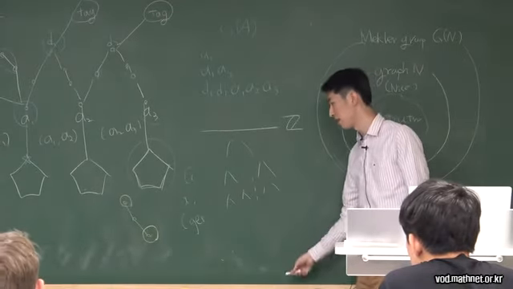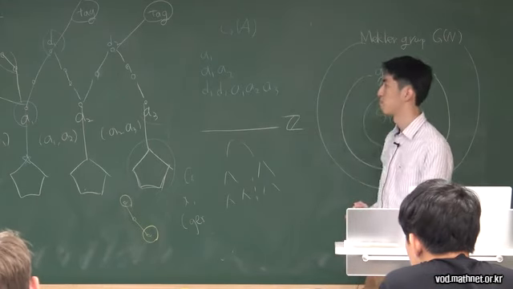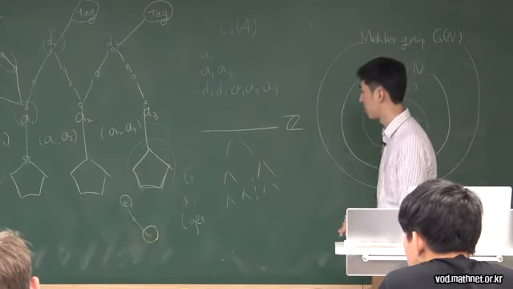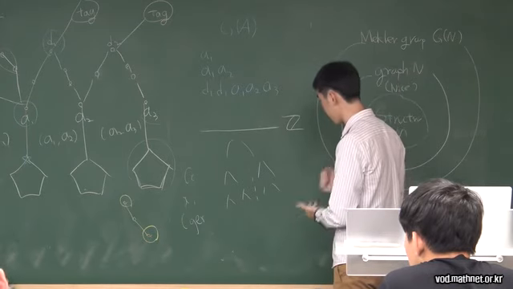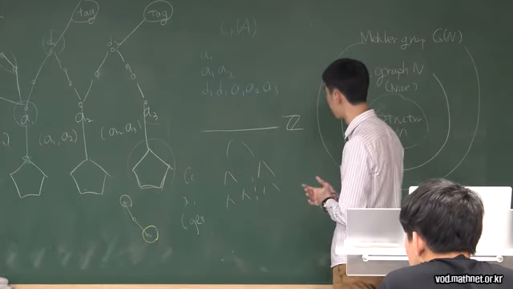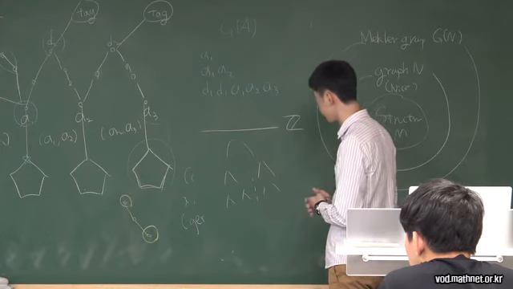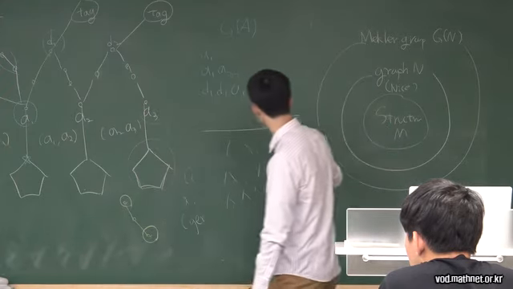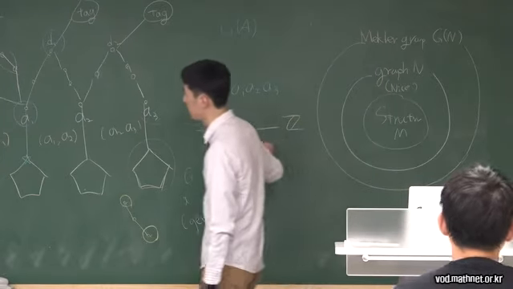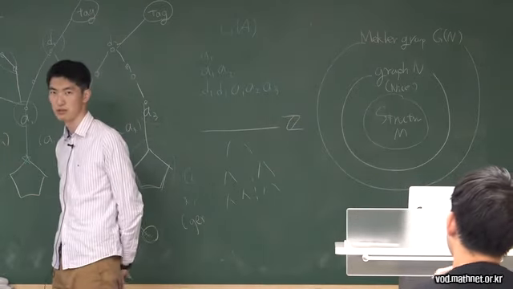So we believe that this kind of property is important to tell us the difference between the structure Z and the structure Q.